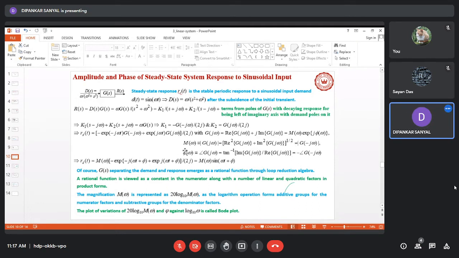So that is the result of the magnification part, and that is the result of the phase part corresponding to jω and minus jω.